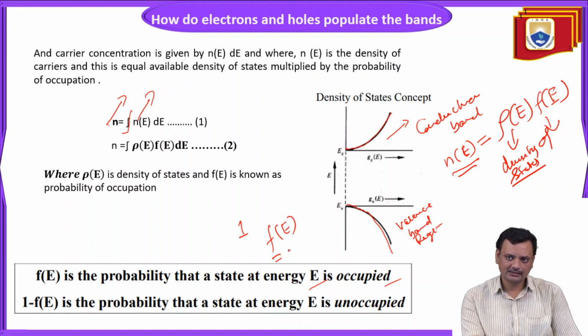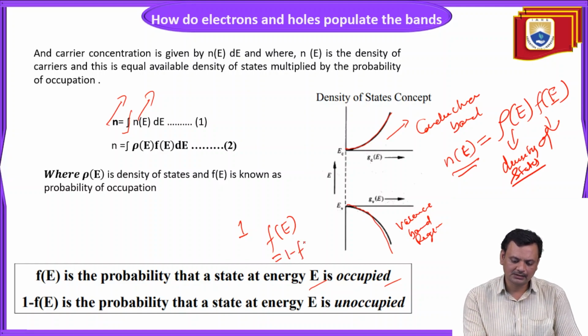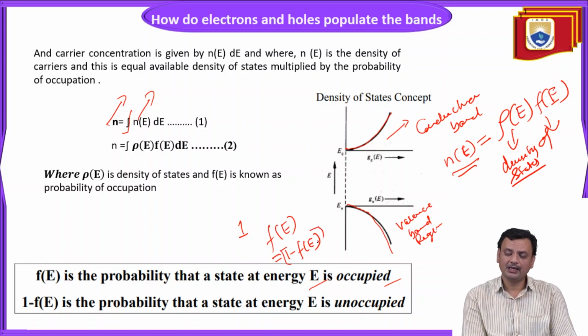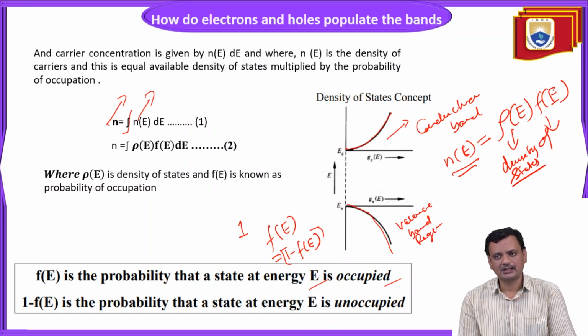For that case, the probability will be 1 minus F(E). So F(E) is the probability that the state of energy E is occupied, and 1 minus F(E) is the probability that the state at energy E is unoccupied. Okay. So that's all about probability of occupation.